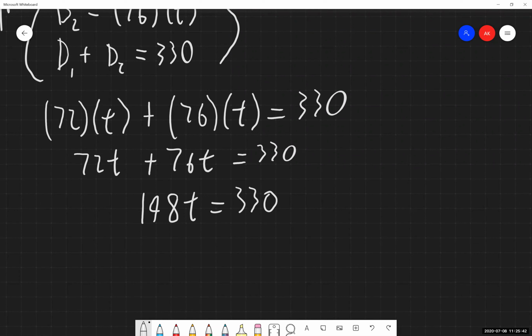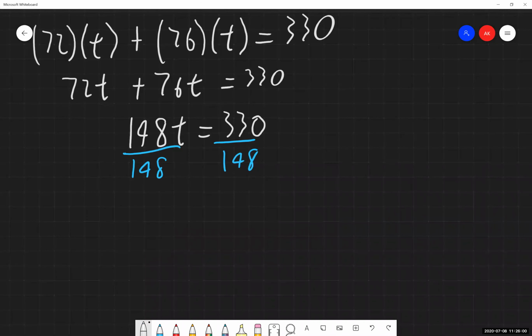And now we're dividing both sides by 148. And we are getting a decimal that is showing up when we do that. So I'm getting 2.22972 and a bunch of other stuff.